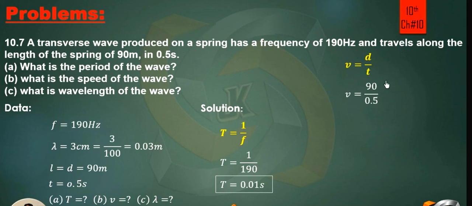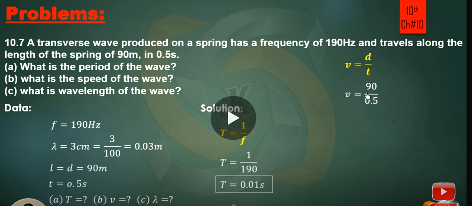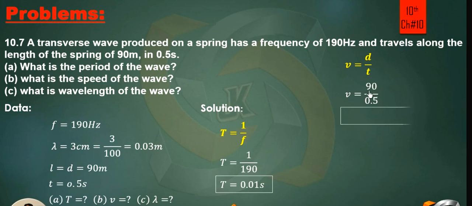Velocity, we will use equation from kinematics of class 9th, v equals d by t. So v equals 90 over 0.5 second. So we will get v equals 180 meter per second. So v equals f lambda, we will make lambda the subject, so lambda equals v by f.